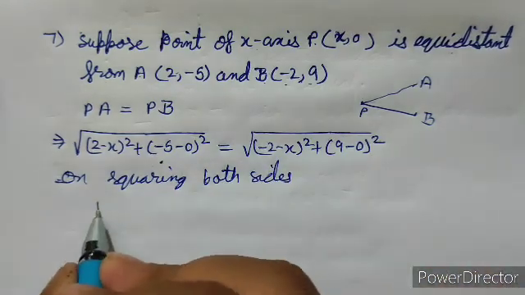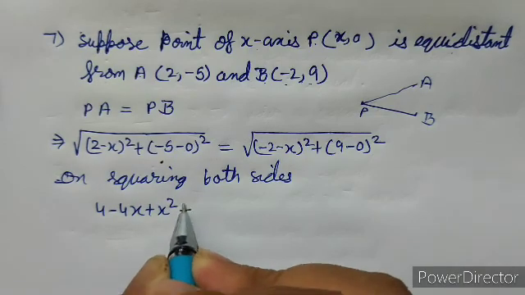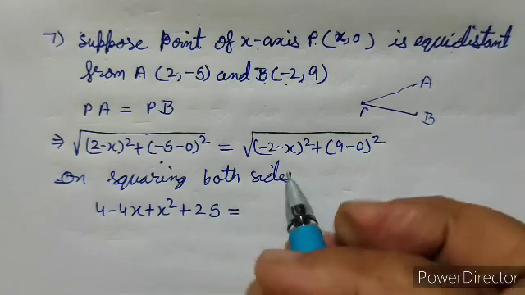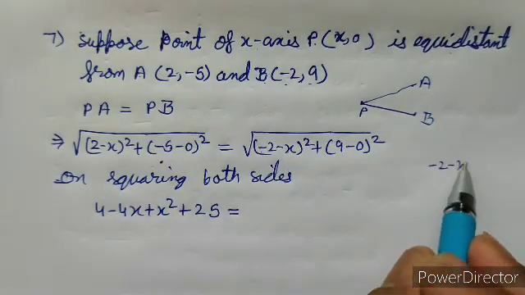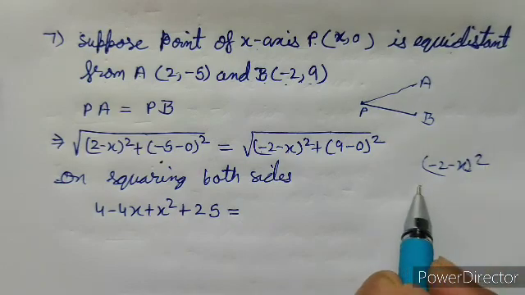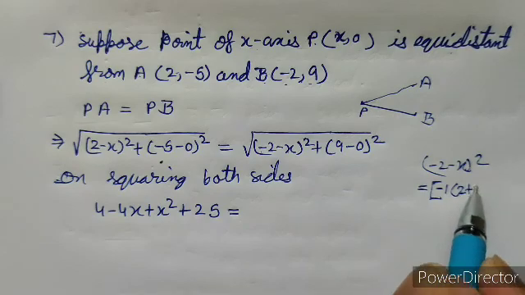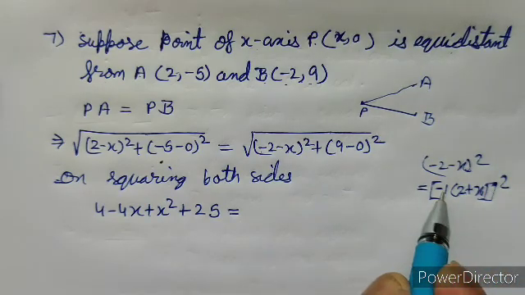We will get this as 4 - 4x + x square plus square of -5 will be 25. That equals (-2 - x) square. Now (-2 - x) whole square can be written as (-1) into (2 + x) whole square, and square of -1 will be 1.